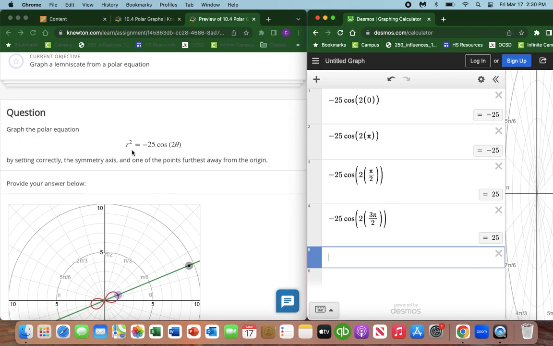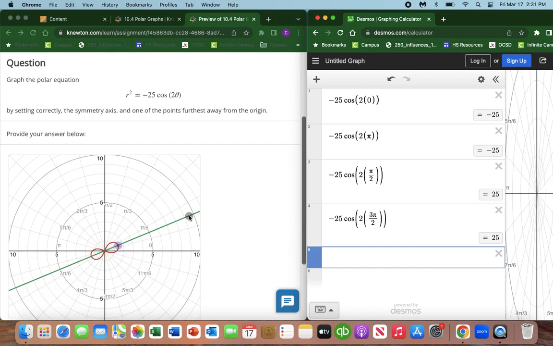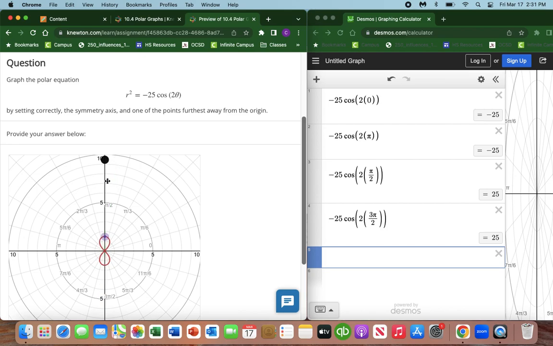Now, when r squared is equal to 25, I square root each side, I get r is plus and minus 5. So technically at this angle of pi over 2, I'm going to have a radius of 5 and a radius of negative 5. So let's go down here and go to pi over 2. We'll grab and drag this around to pi over 2. I need a radius of 5, which would be right here. And then I also need a radius of negative 5, which would be on the opposite side. And notice that 3 pi over 2 is giving me the exact same value, 25. So it needs a radius of 5, but then also negative 5. So we're getting these 2 points.